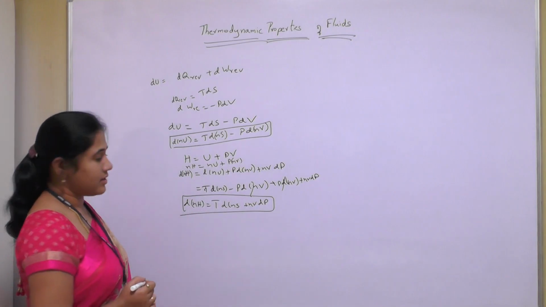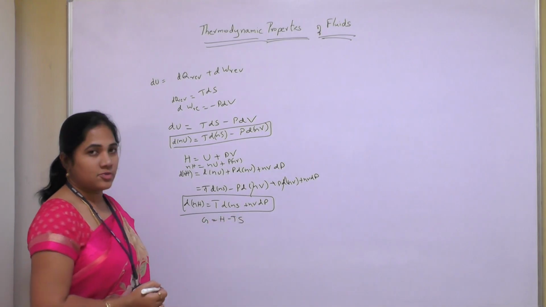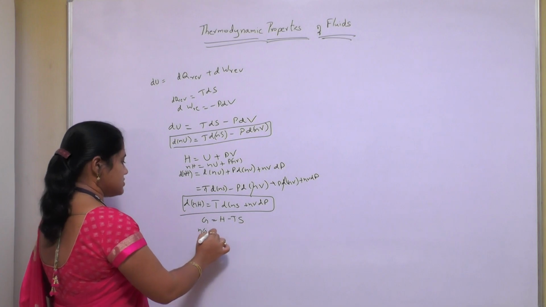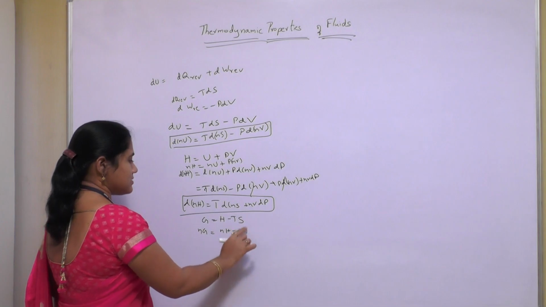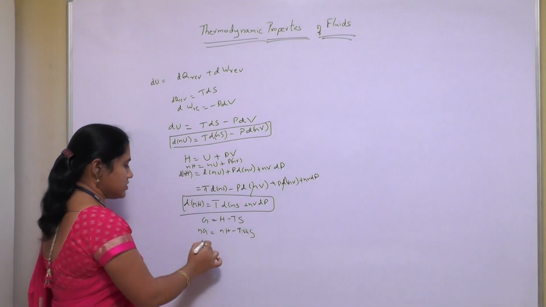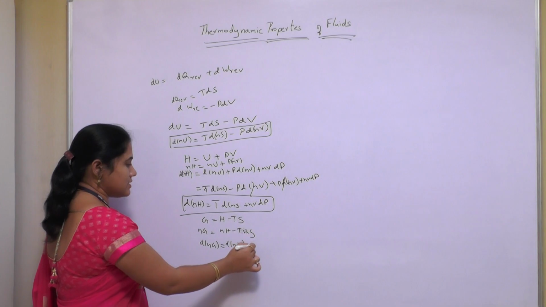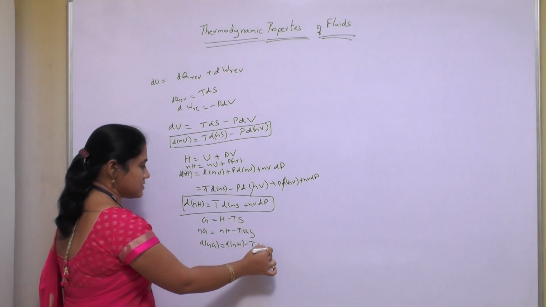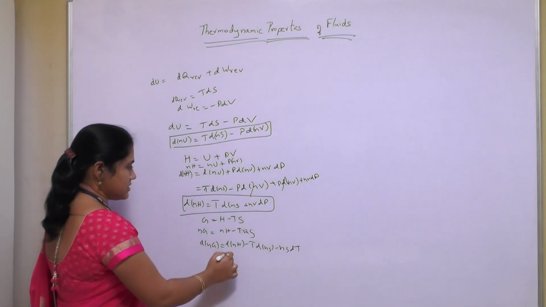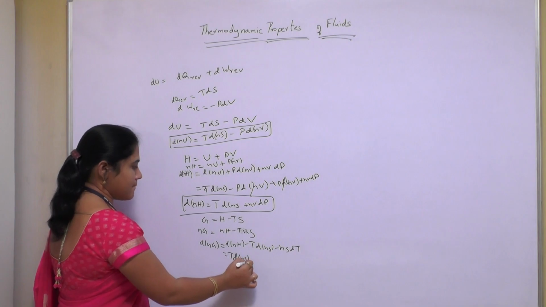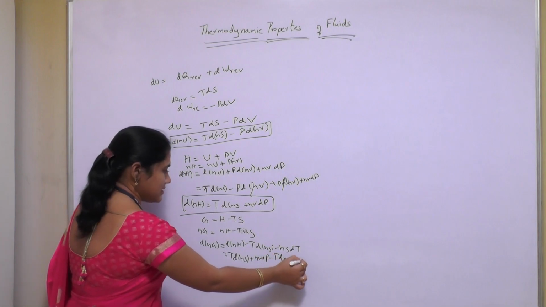And now coming to the Gibbs free energy, that is G. G equals H minus TS. For n moles, this is nG equals nH minus T nS. So d(nG) is d(nH) minus T d(nS) minus nS dT, and d(nH) is T d(nS) plus nV dP, minus T d(nS) minus nS dT.